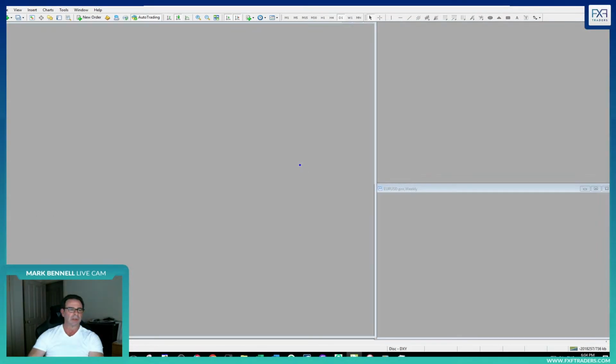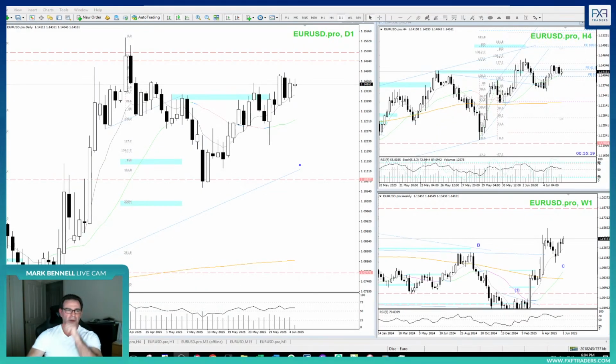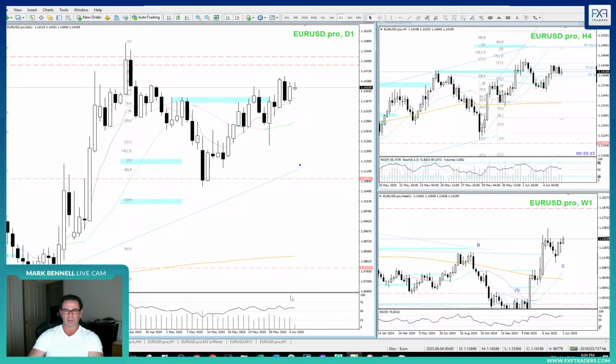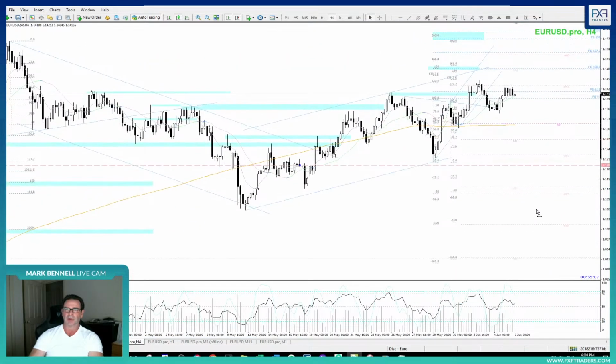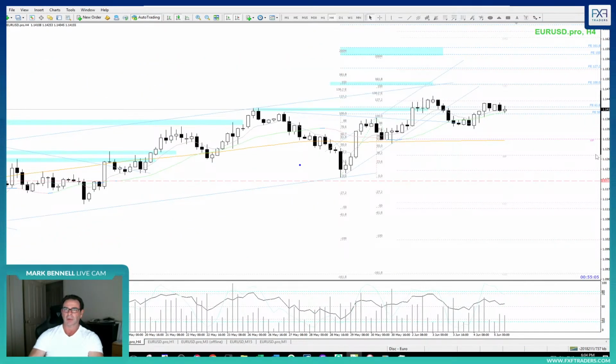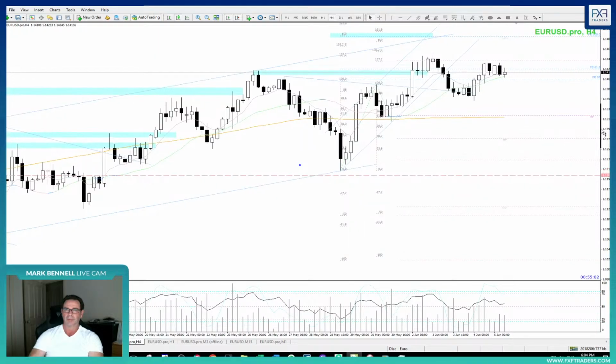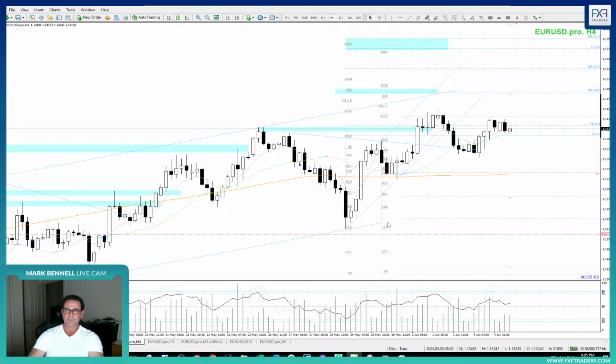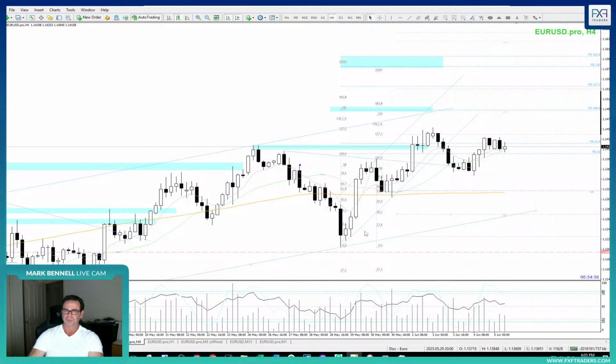Euro dollar we liked long. Where's the watch list? So Euro dollar we liked long. Daily's okay. 4 hour. We had the channel through here.